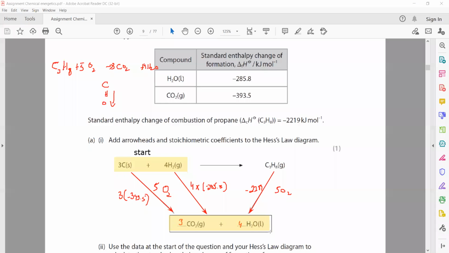According to Hess law, the overall energy change does not depend on the route or the path which we follow. So if we follow path 1 or path 2, the overall energy change does not depend on the route or the path which we follow.